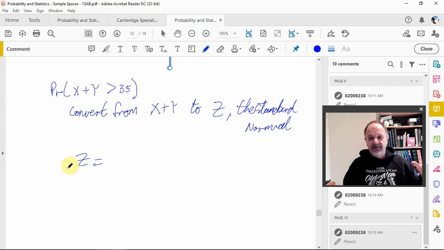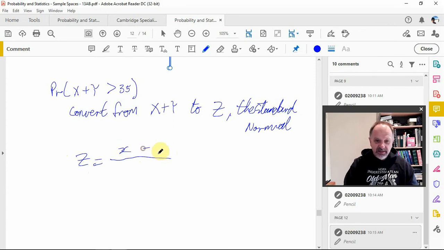Okay, but suffice to say, you can change any normal distribution with any mean, any standard deviation into a Z value. And the Z value has a mean of 0, standard deviation of 1, and that's the standard normal. But you convert any one by using this. Whatever your value is, you take away the mean and divide it by the standard deviation.